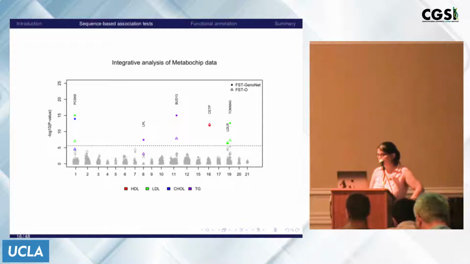You'll see that the circles tend to be above the triangles. So by doing this integrative analysis, we are able to get smaller p-values, more significant results, than with a standard SKAT-O analysis.